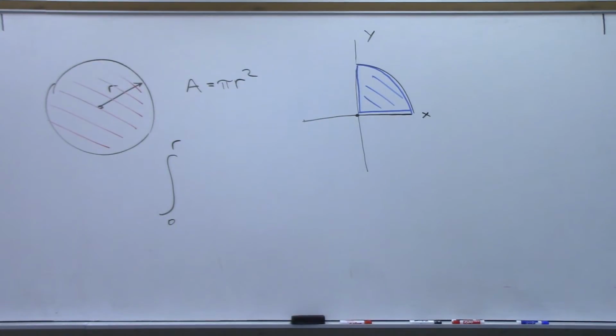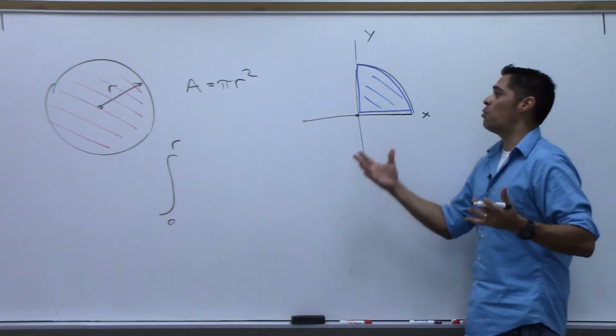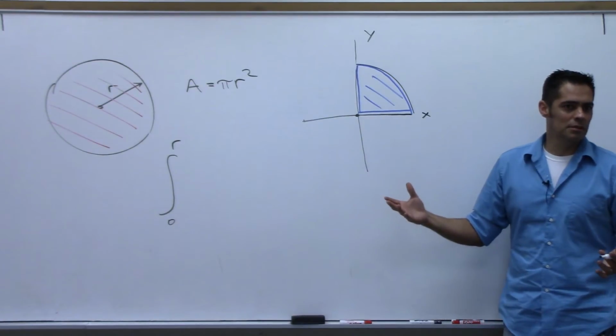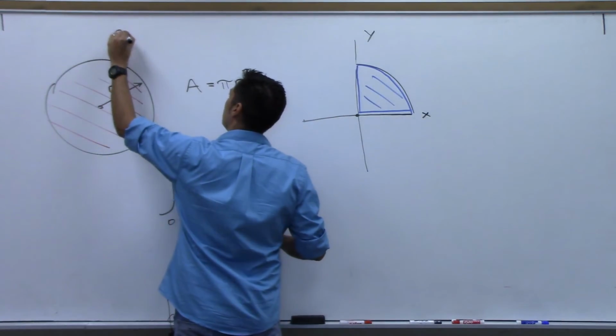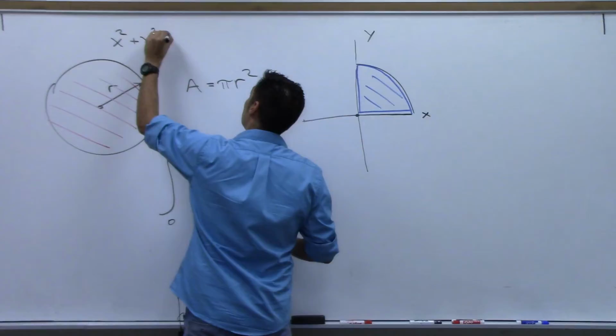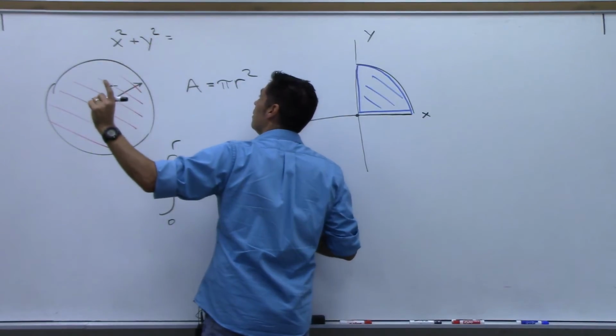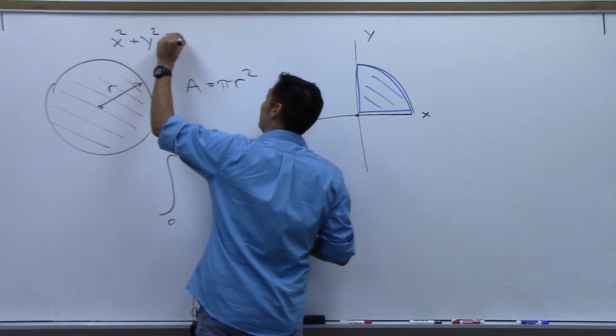We need a function. Do you know the function that draws the circle? Do you know any equation that gives you a circle? Is it x squared, plus y squared, that's the unit circle. No, you're so close.